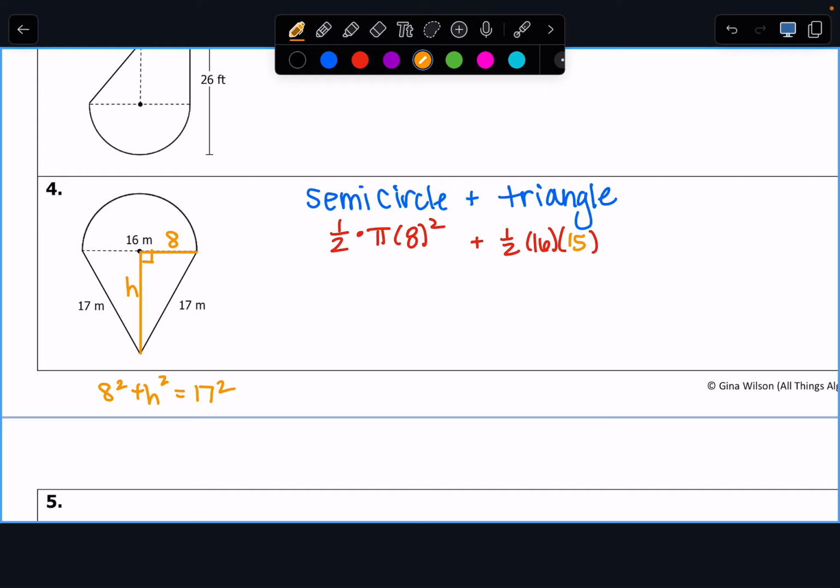Okay. So 1/2 base times height. Come on, calc back. I need my calc. Okay, 15.